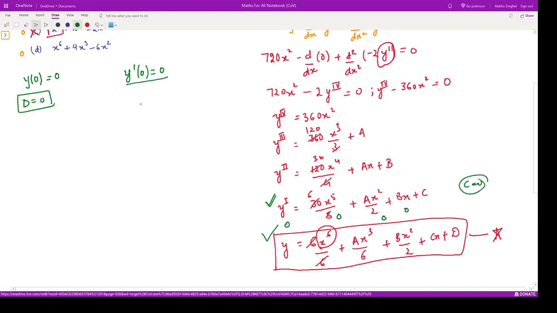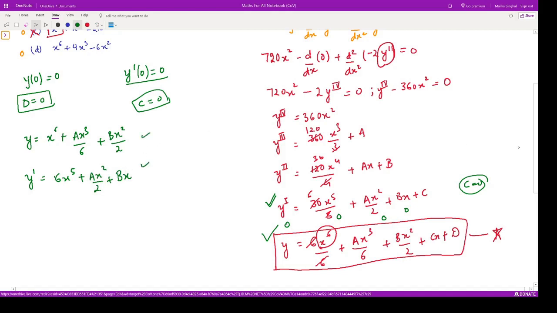So this condition would give c is equal to 0. So our y becomes x⁶ plus ax³/6 plus bx²/2, and y dash would be 6x⁵ plus ax²/2 plus bx. So we are left with these two equations.